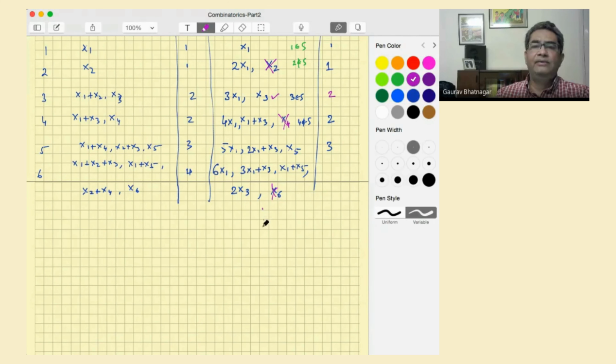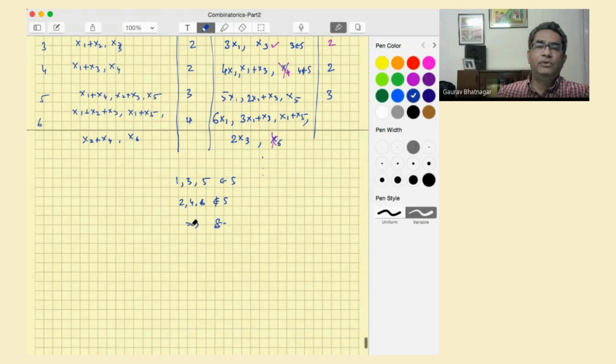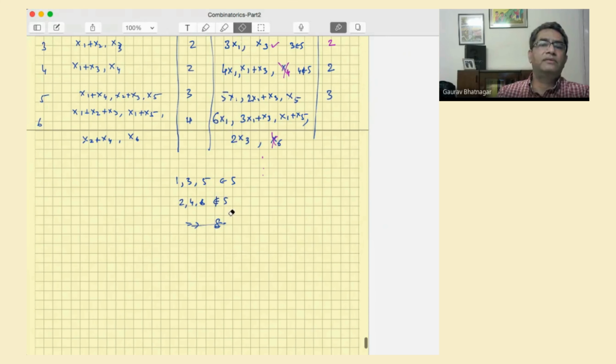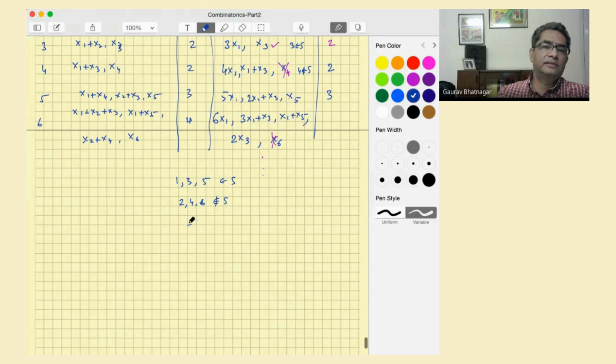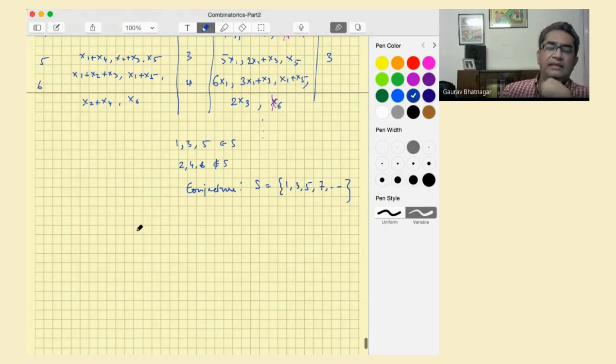So anyway, one can carry on this way manually, and we see that 1, 3, 5 belong to S, and 2, 4, 6 do not belong to S, and this implies that, so conjecture: S is equal to 1, 3, 5, 7. Okay, so this is an approach to guess what this value of S will be.